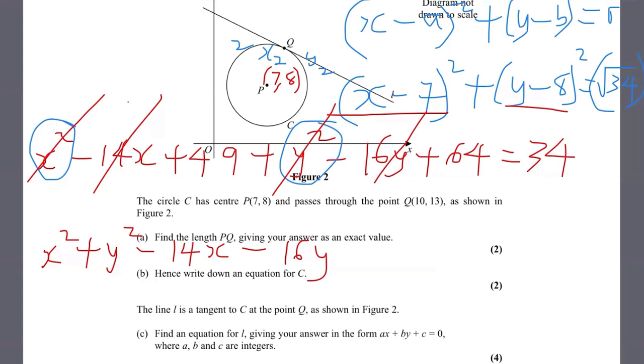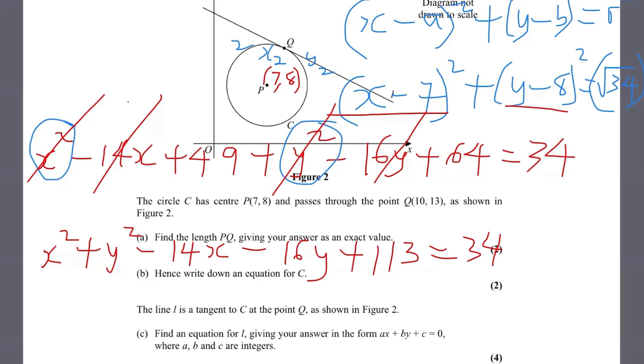That is 113. So plus 113 equals 34. And of course, this 34 has to be moved over, so I can have 0 on the other side. Is that okay? Yeah.